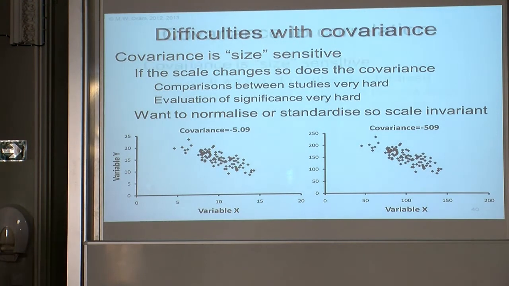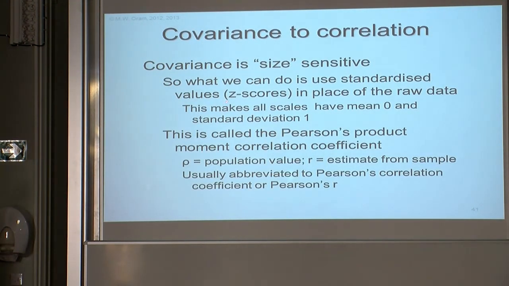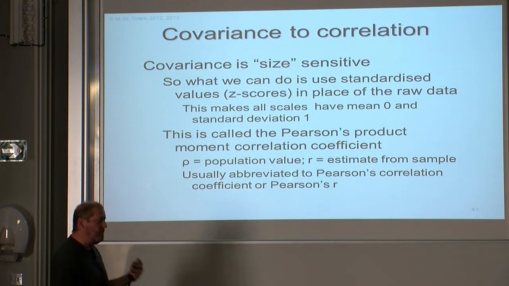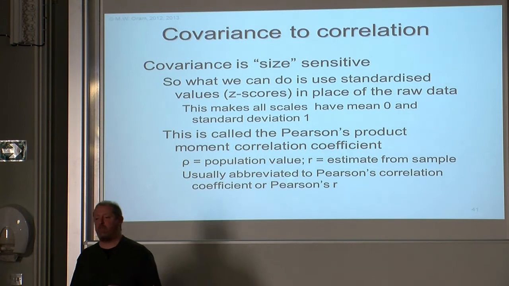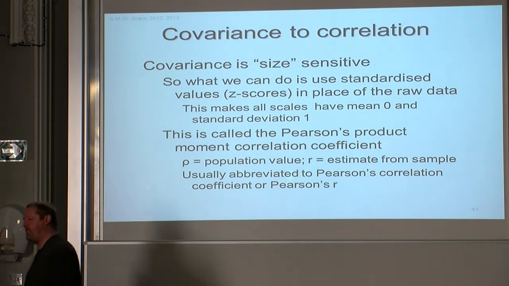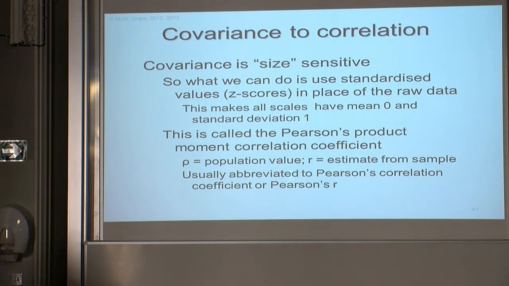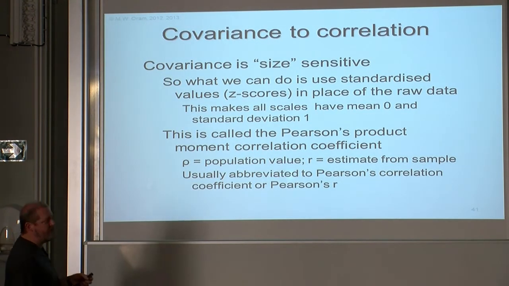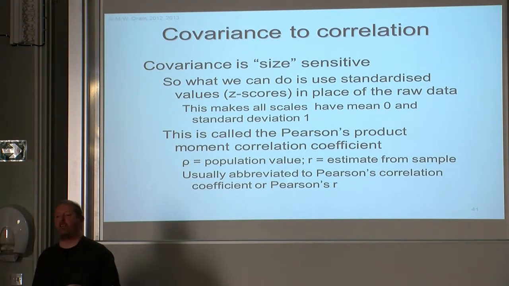And we're going to do exactly the same as we did for the normal distribution. We can take the z-scores, because that makes each variable have a normal distribution, or the same shape distribution, with a mean of 0 and a variance of 1. That means that the covariance is now also standardized. We call this the Pearson's product moment correlation coefficient, Pearson's correlation.